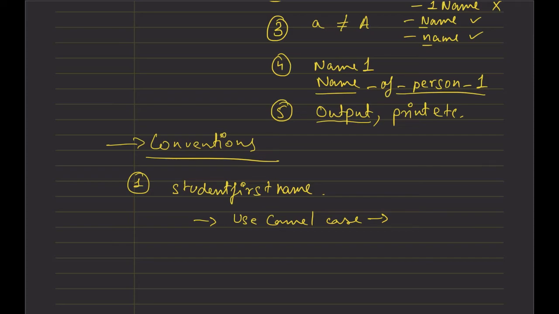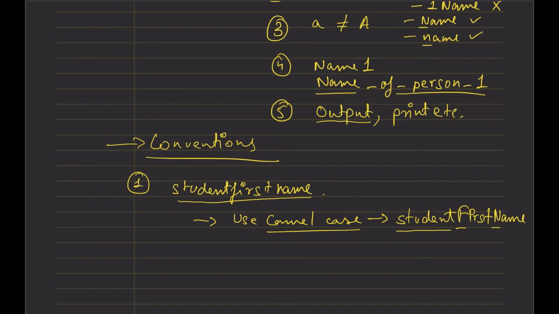If I have to write this variable using camel case convention, I can write that like this: student First Name. As you can see, after the first word, the second word is starting with an uppercase letter, and the third word is also starting with an uppercase letter.